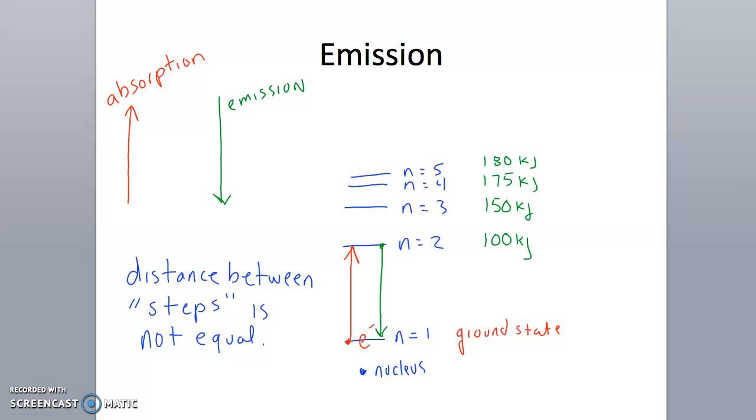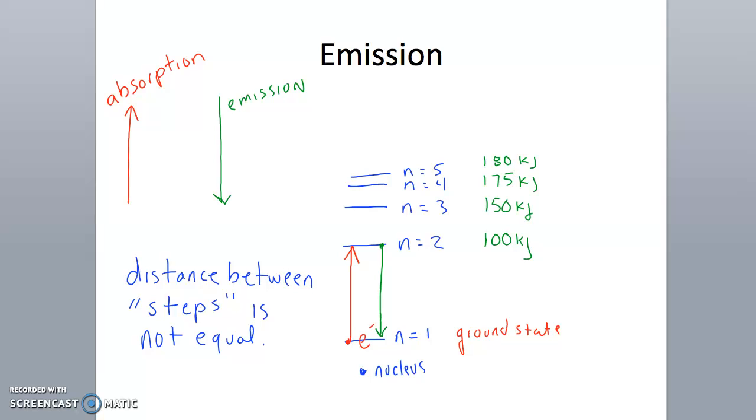So we've hit this 100 kilojoules. It absorbs the energy and is in that excited state, the higher energy level. It doesn't stay there. It goes back to the ground state, and we call this the emission line. This is going to release 100 kilojoules of energy, and it may just be in the form of light in the visible spectrum. Now, it could be in the infrared. It could be in the ultraviolet as well.